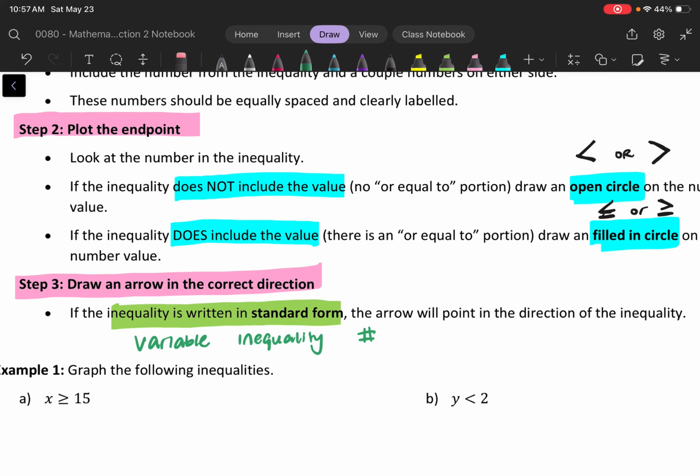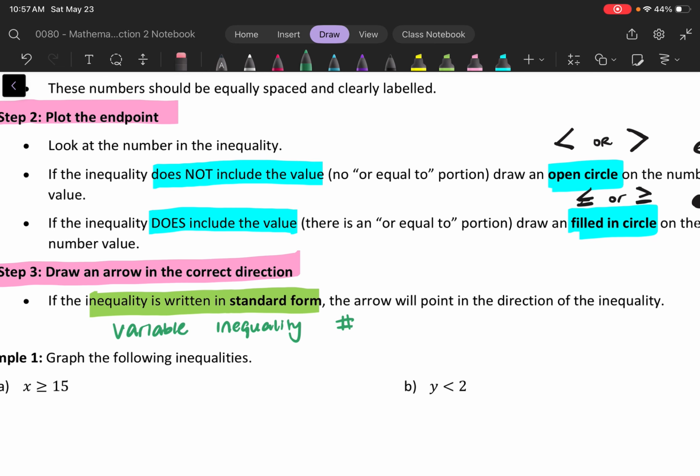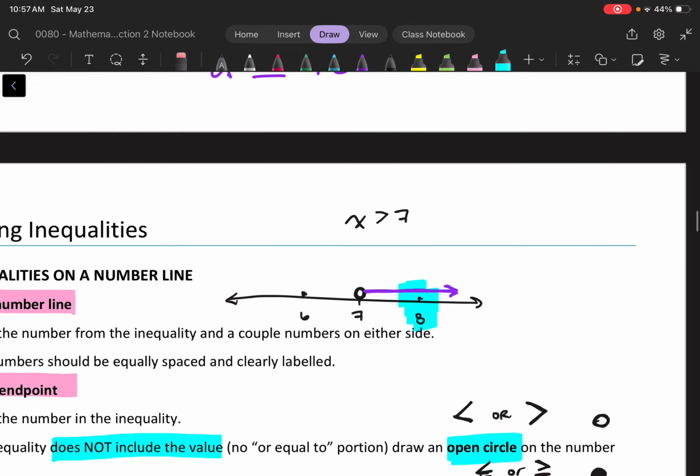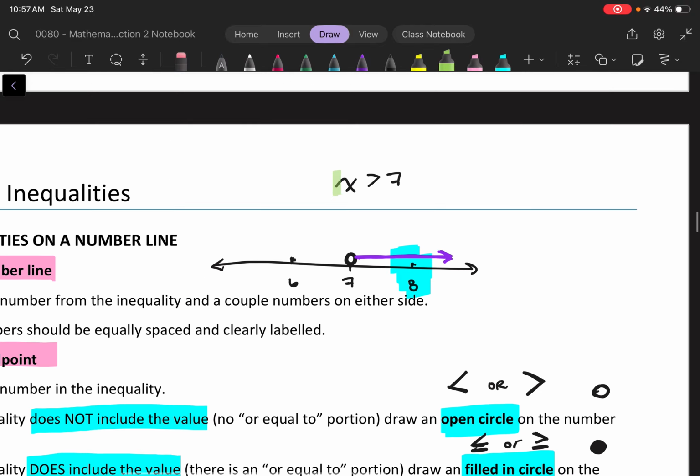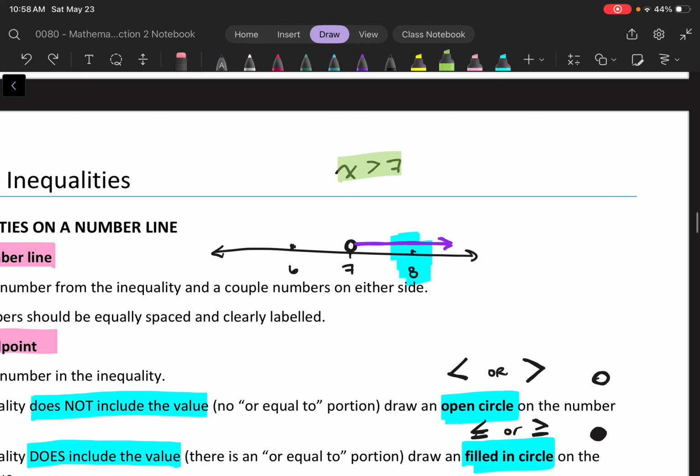It's not necessarily incorrect to say things in flipped form, but it's not proper notation and not perfectly communicated. But if it's in standard form, what we'll notice is that the arrow is going to point in the direction of the inequality.